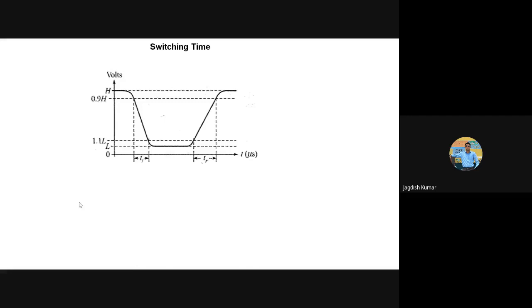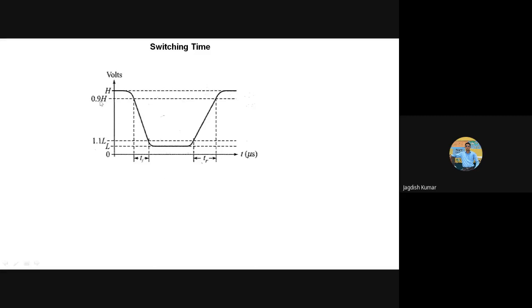Ideally it should take zero time, but practically that doesn't happen. If you have some voltage, say 5 volt, applied to some signal, and then you expect it to go to zero, it will practically take some time. That time is called fall time.